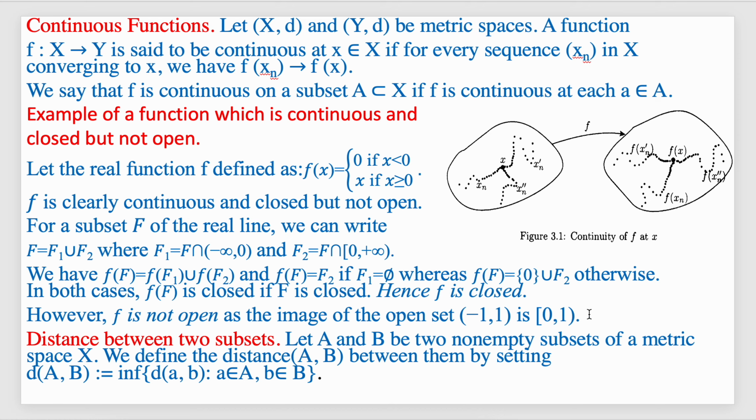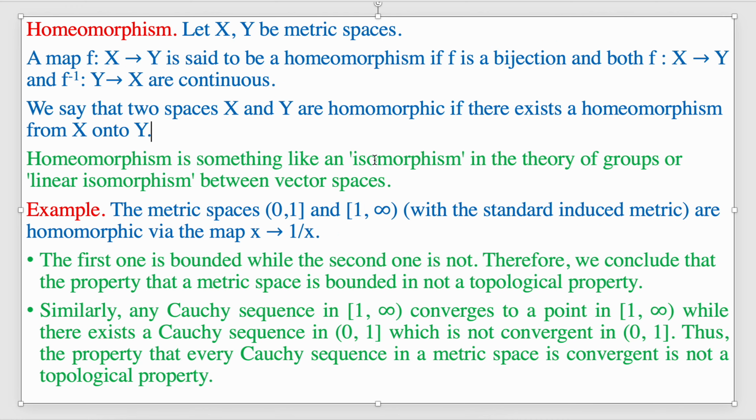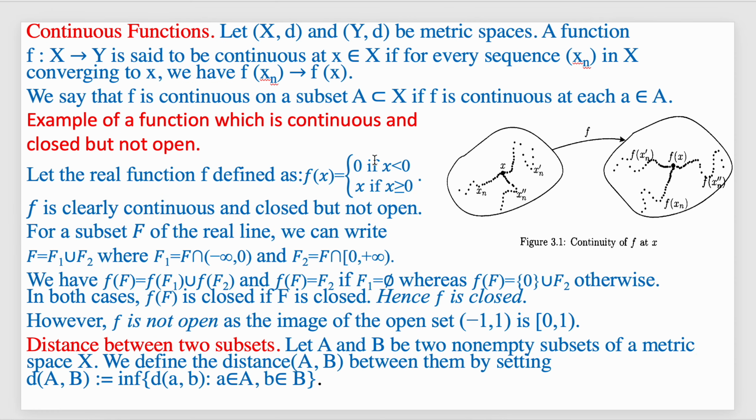So this is not open. This is a semi-closed interval. So we can say that this function f(x), for which the value of f at x is 0 for x less than 0 and x if x is greater than or equal to 0, is a continuous function, and it is a closed function, but this is not open.